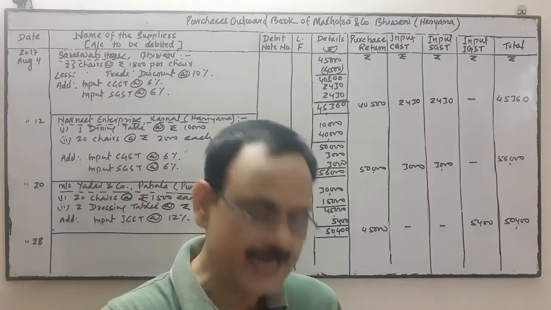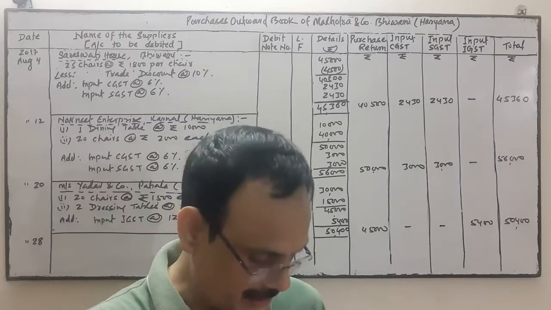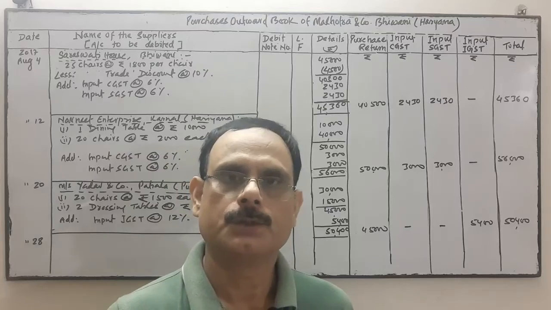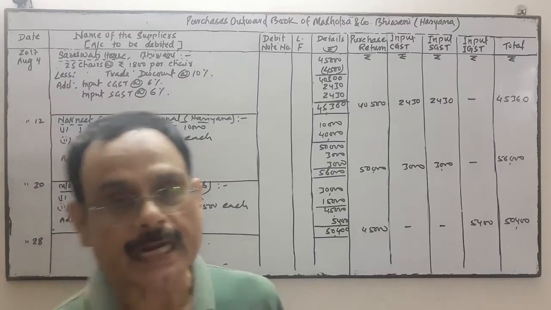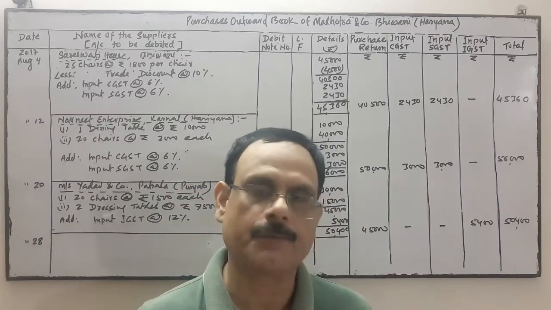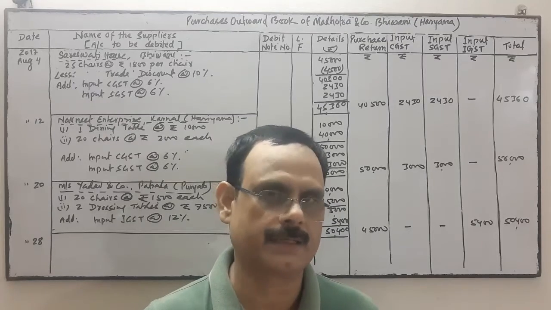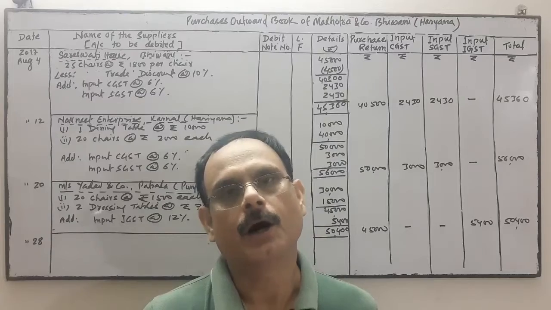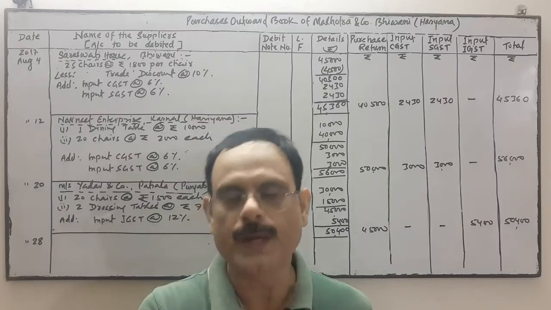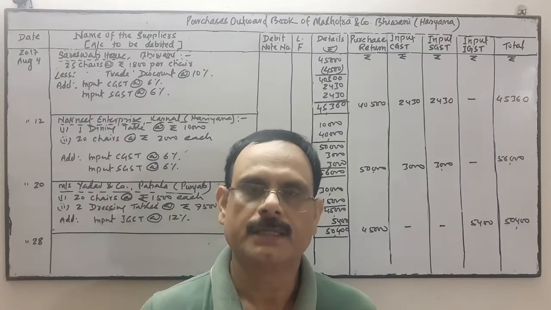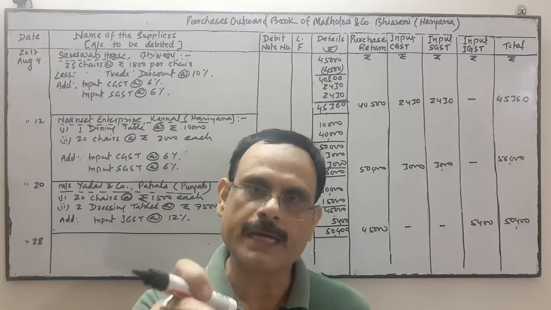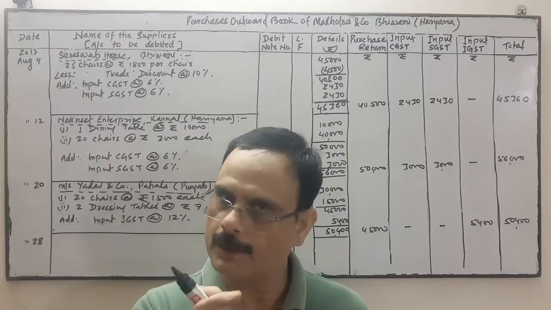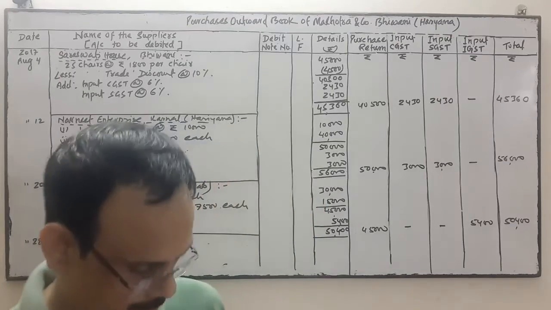The invoice is undercast by 5,000. When it is undercast, or there is a totaling mistake, or an item is not included in the list of invoice, then we also issue the debit note.